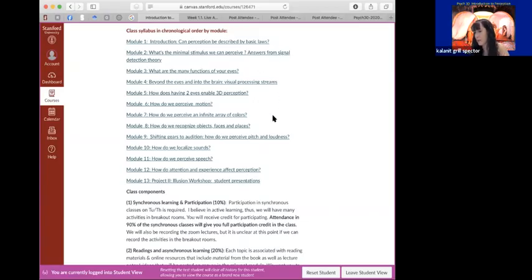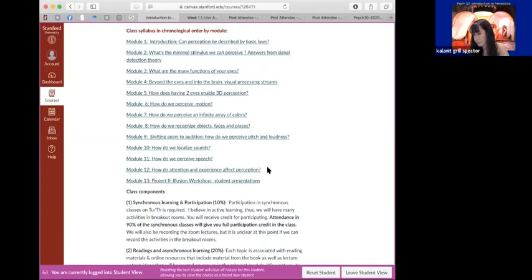After we're going to be done with the vision modules, we're going to shift gears and talk about audition, and we're going to talk about things like pitch and loudness perception, how we localize sounds, as well as how we perceive more complex sounds such as speech.